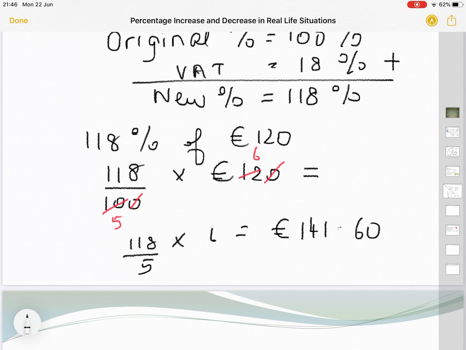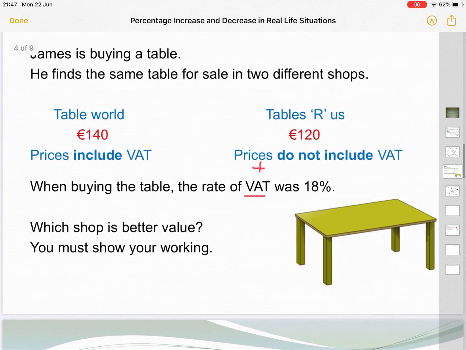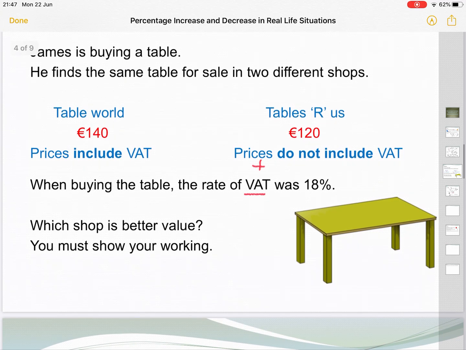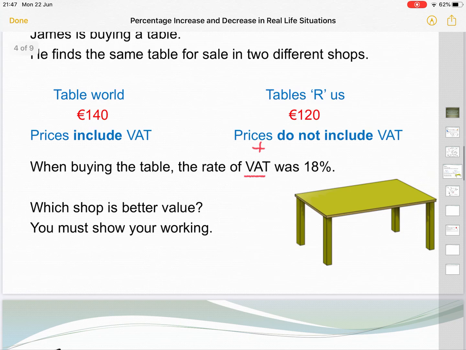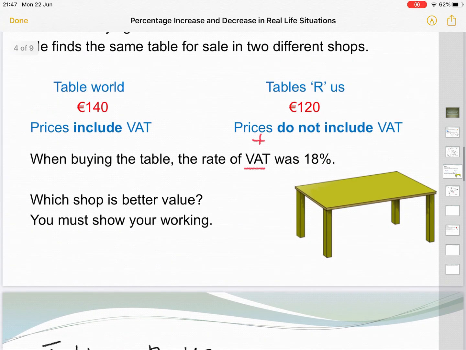So if I work out 118% of 120, the new price of the table is 141.6. So the question: the table from the shop Table World costs 140, and that is the final price because prices include VAT.